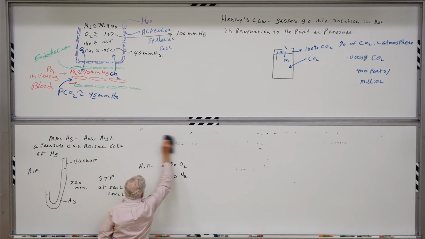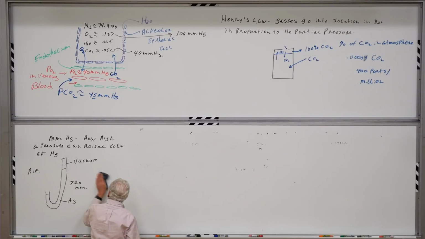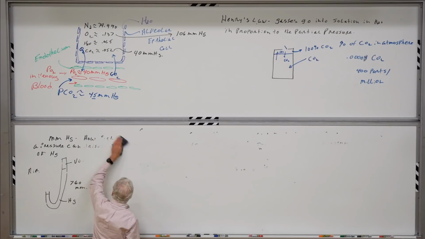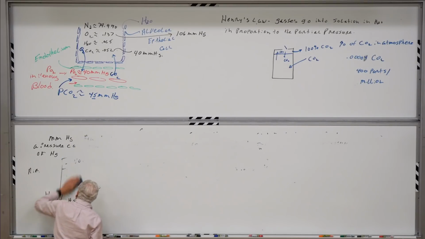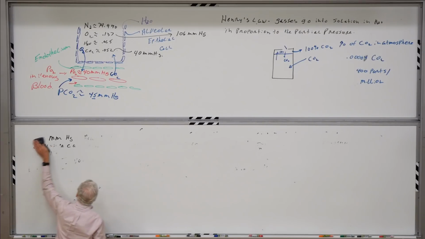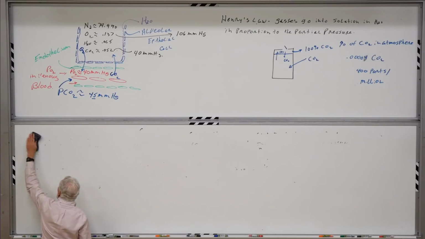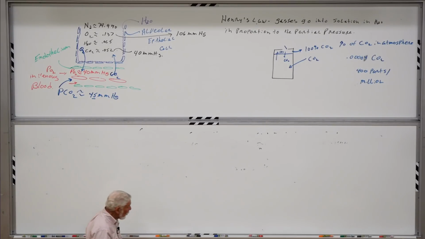So what we're going to plot here is percent saturation of hemoglobin versus the partial pressure of oxygen. And we're going to label this panel as the so-called oxygen association or dissociation curve.